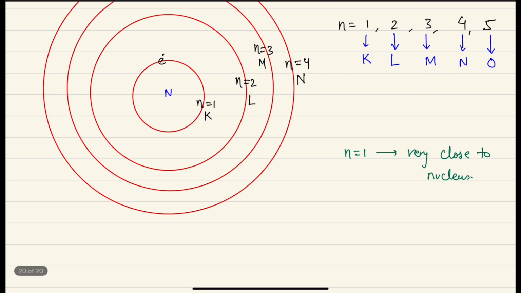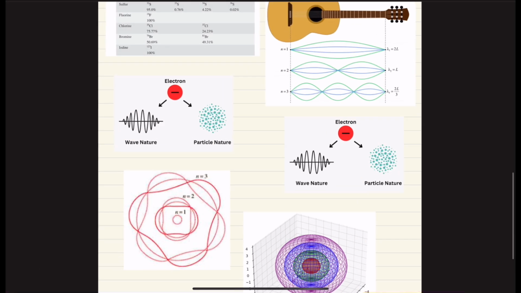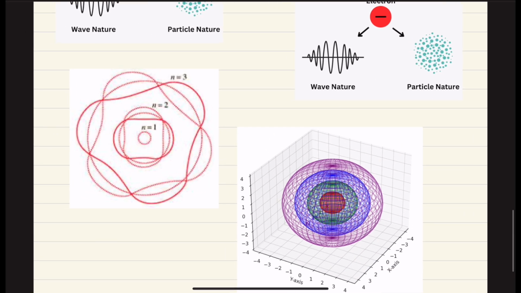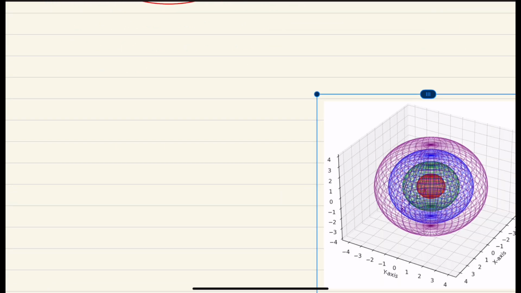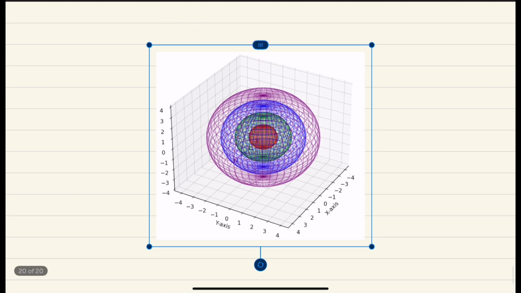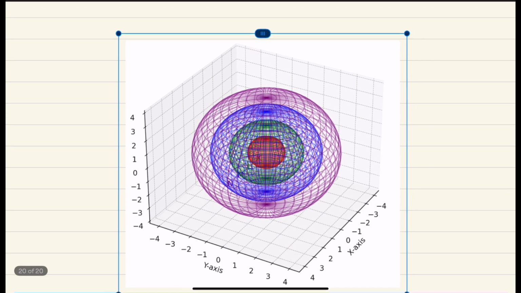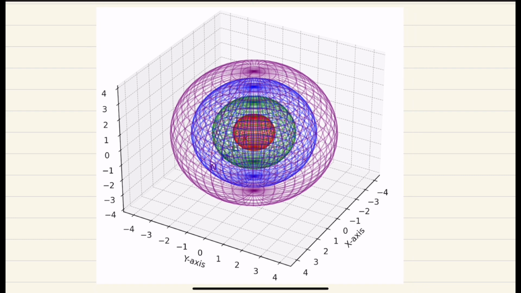Now I want to give you a feel of the concentric cells around the nucleus in 3D. I will just copy one picture from here and paste it. See very carefully.